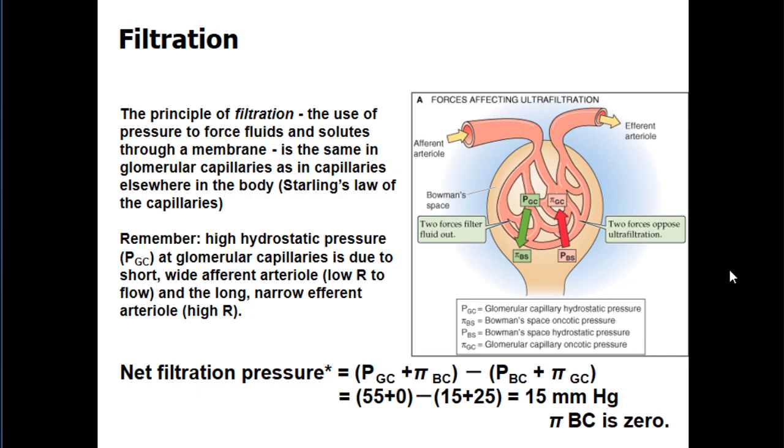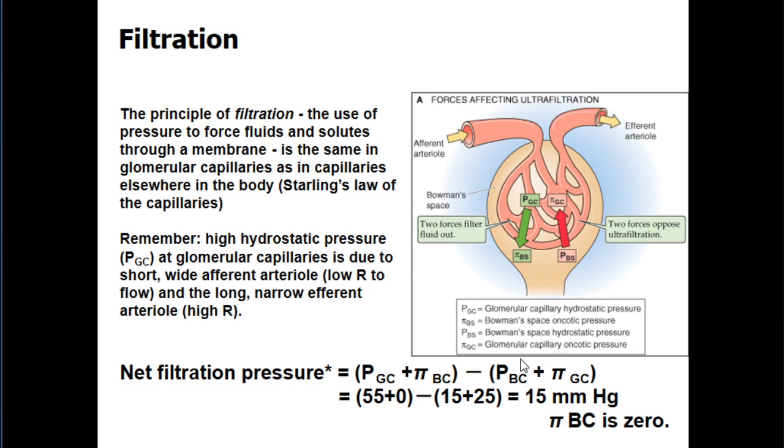And that's what is known as Starling's law of the capillaries. You should remember that high hydrostatic pressure in glomerular capillaries is due to the short and wide afferent arteriole and low resistance to flow, and the long, narrow efferent arteriole, which provides high resistance.